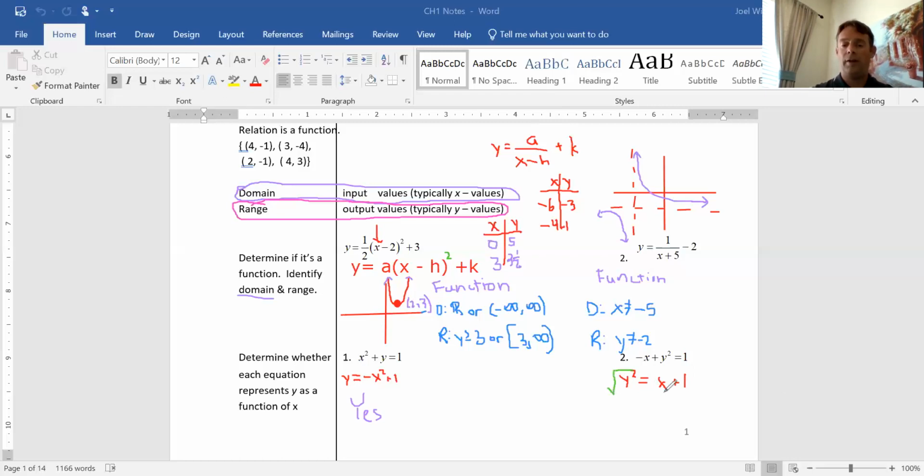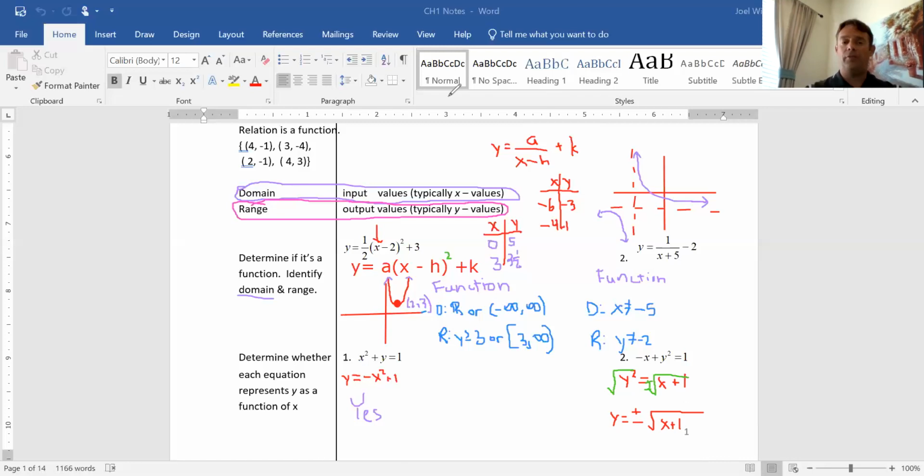Now, remember back to the last couple of years, when you do a square root, what goes in front of the square root? Hopefully you remember there is a plus or minus. So I know that's hard to read here. I'll rewrite that. So y equals a plus or minus the square root of x plus 1.